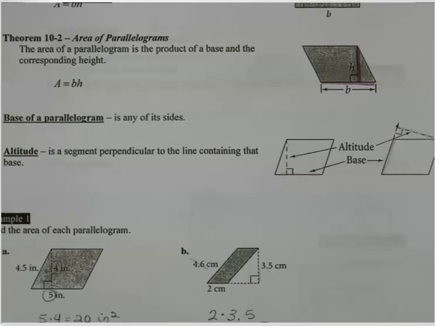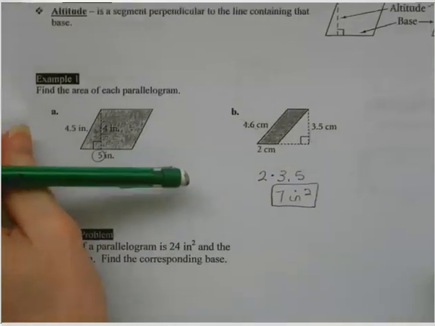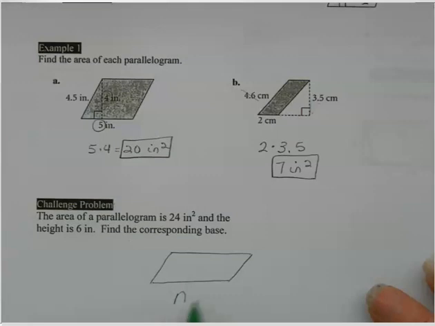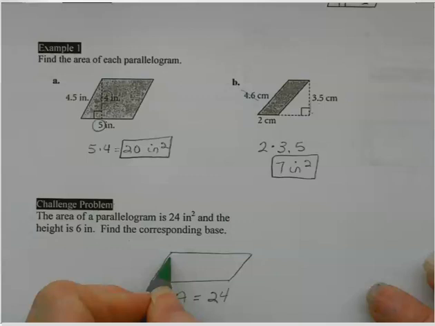All right, let's go to the challenge problem. Your challenge problem states that the area of a parallelogram is 24. So let's sketch a parallelogram. Your area equals 24. The height is 6, so we could put the height coming down like this.